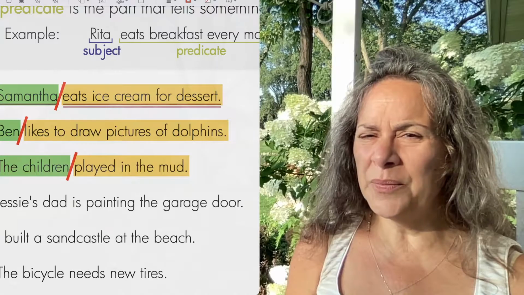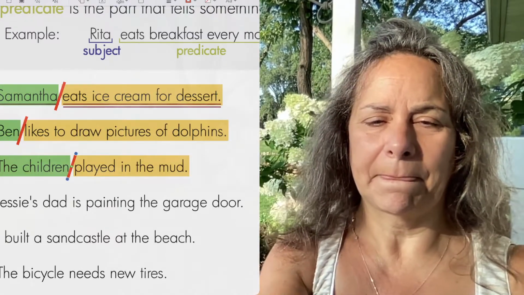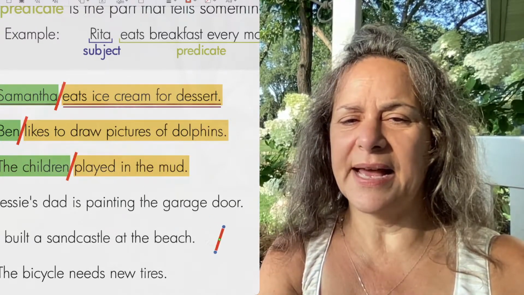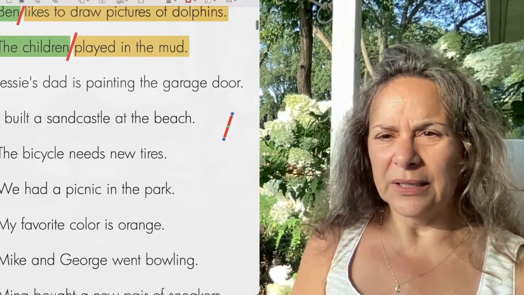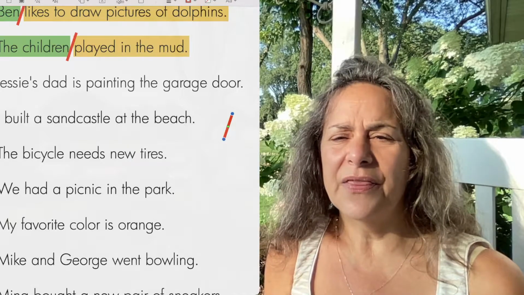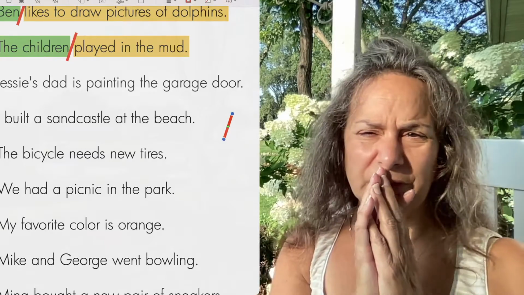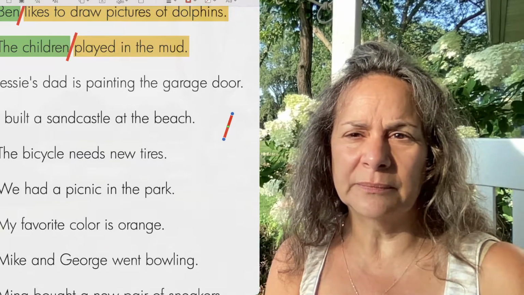Let's go and do one more on this page. Jesse's dad is painting the garage door. Where's the verb?